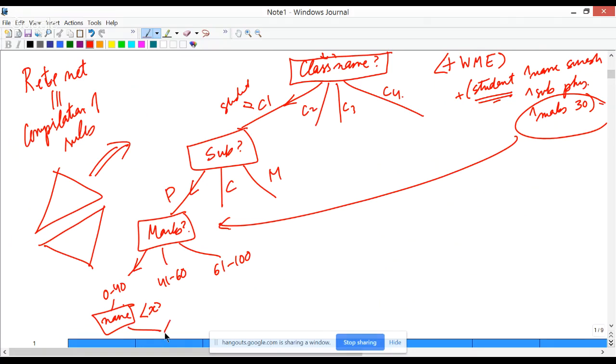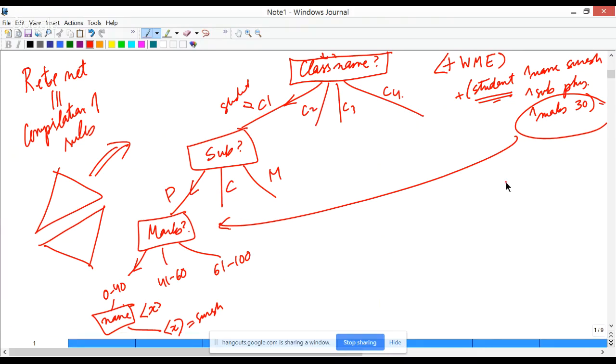So the name may simply be X or something like that, and therefore the match algorithm will say for this case X equal to Suresh, and it will send the token down. So this is the basic idea of a Rete net, that once you throw a token into the net, then based on what the token contains, it traverses down the discriminative part of the network and it will go down some place.